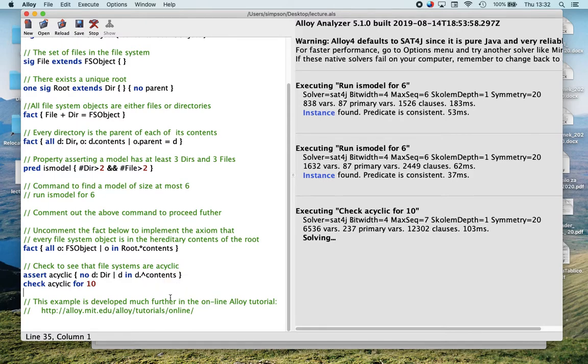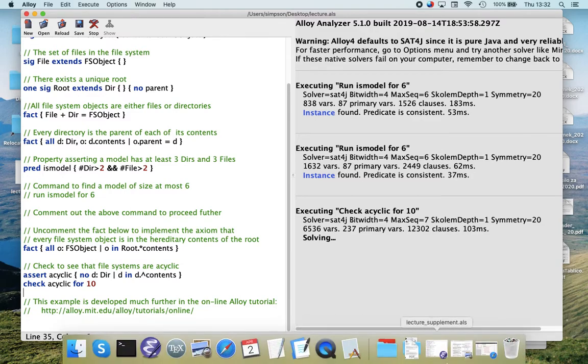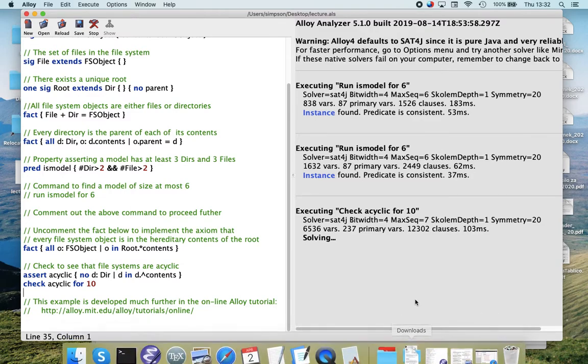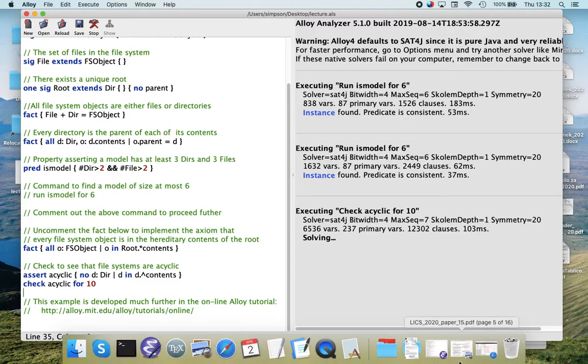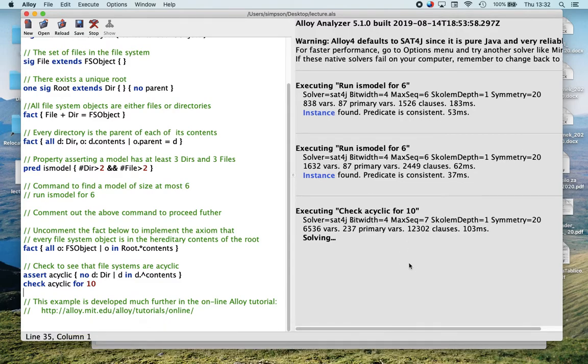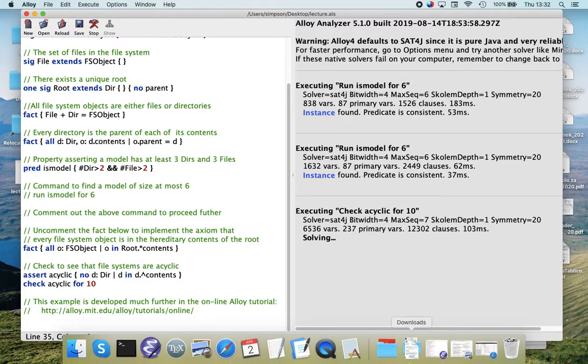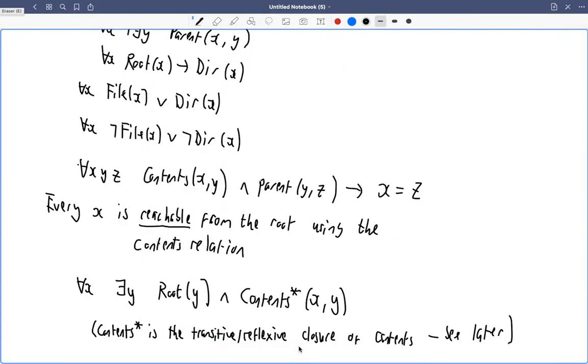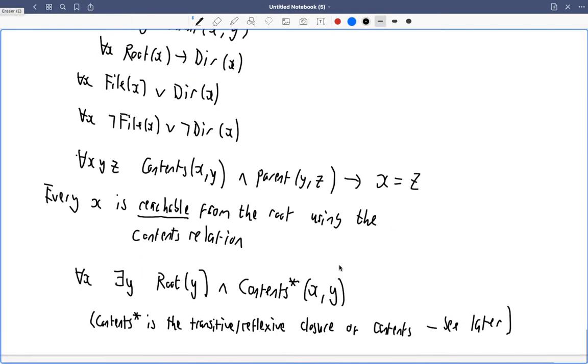But let me tell you that it is a consequence of the previous axioms that the file system is acyclic. So hopefully this model checker will be able to tell us that. You see that it's not super efficient. 8 it would have answered immediately. 10 it's having some struggle with, but we shall see whether it will solve it. So let's come back to that.